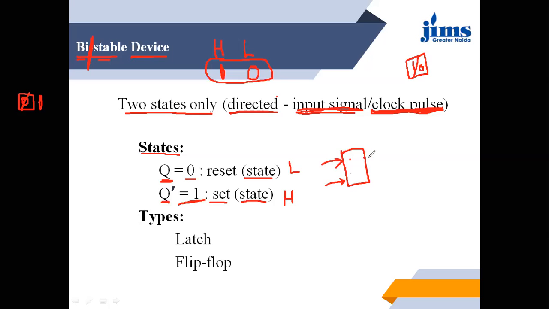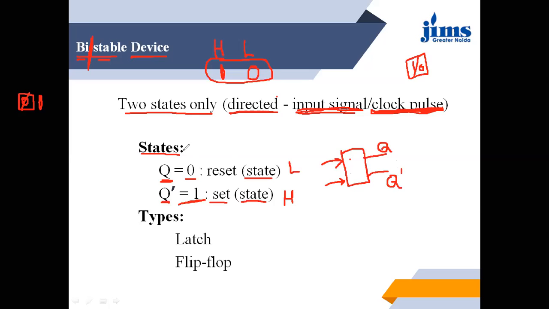And one more interesting thing: there are two outputs, in which one output has the value 1 and the other has the value 0, meaning they are reciprocal to each other.